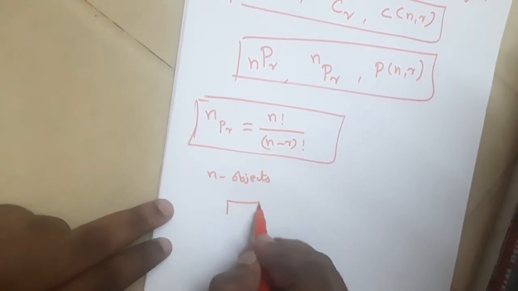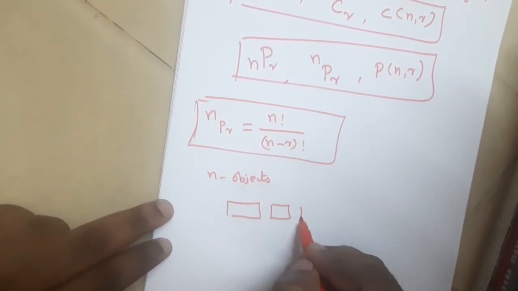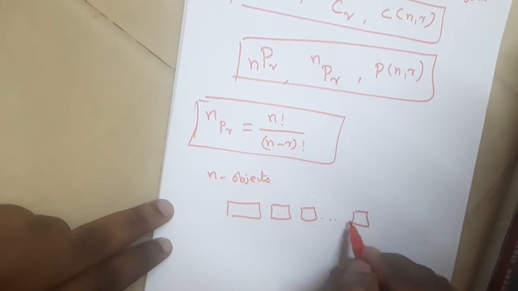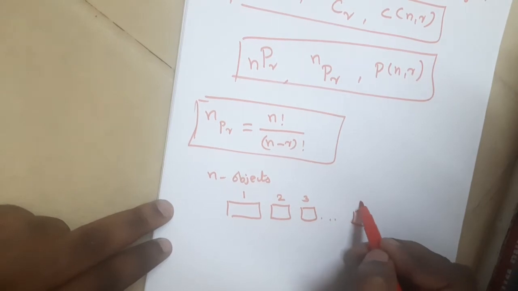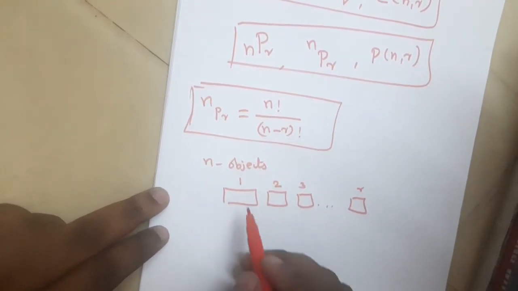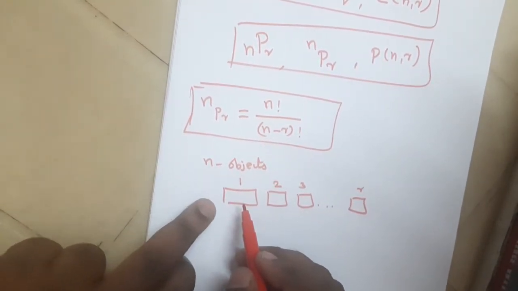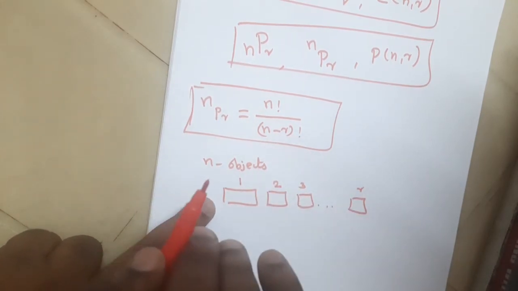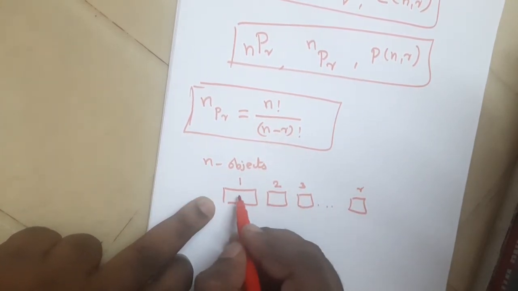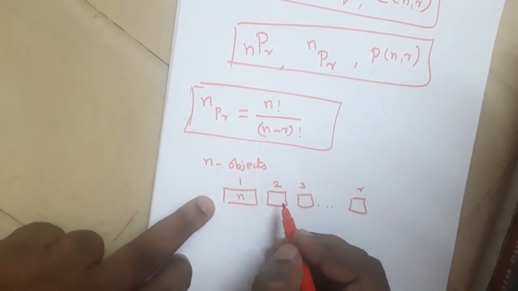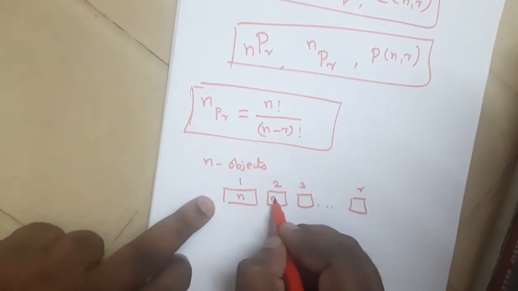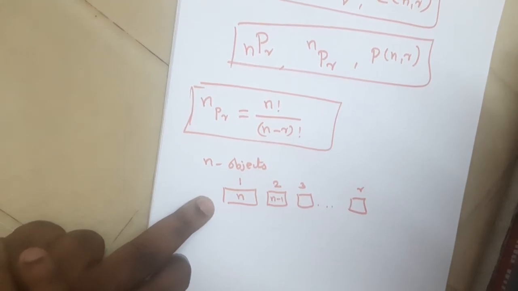So we draw r boxes. The first position, second position, third, etc. This is the rth position. The first position can be filled with all the objects, so n ways. The second box is filled with n minus 1 objects.